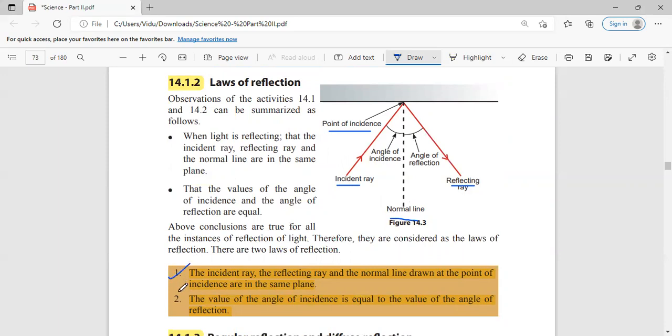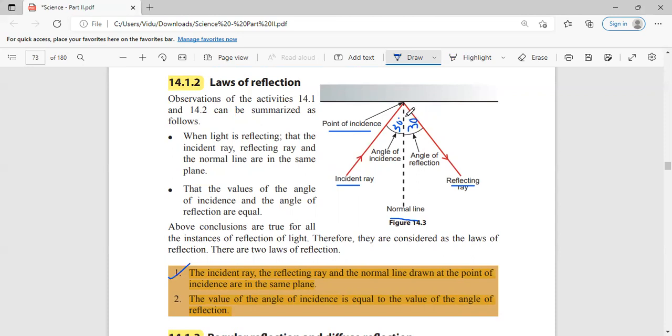Third one, the value of the angle of incidence is equal to the value of the angle of reflection. If we say this angle of incidence is 30 degrees, what is the value of the angle of reflection? Yes, it's also 30 degrees.